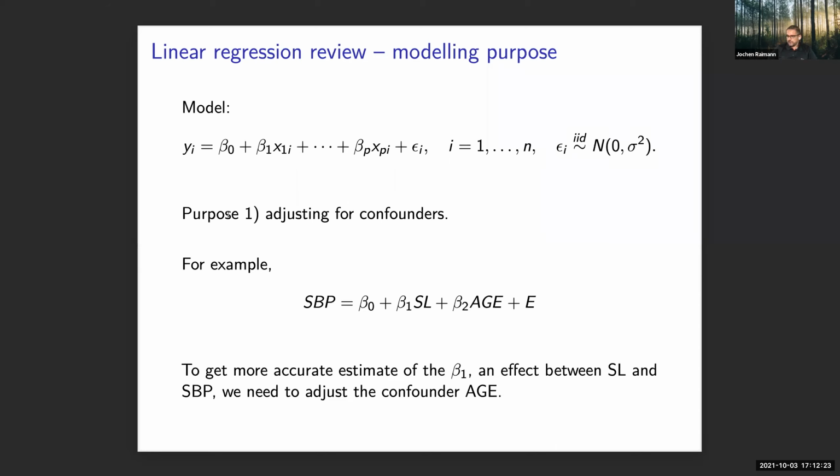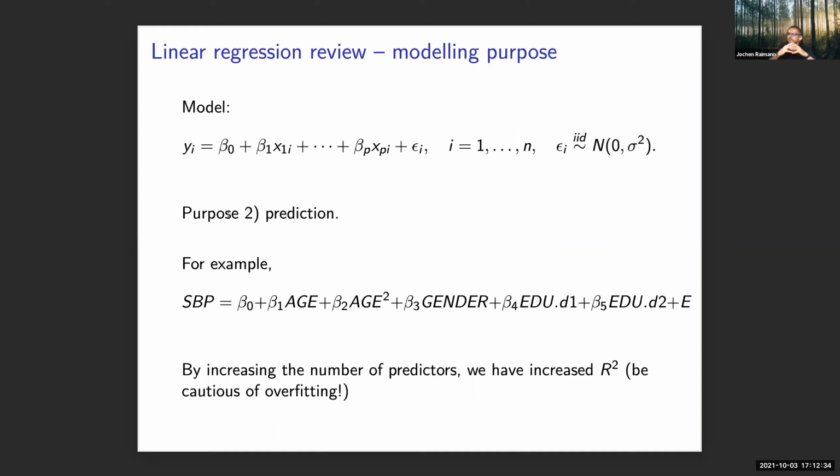To get a more accurate estimate of this beta 1, which constitutes the effect between serum glucose and SBP, we are adjusting additionally for the confounder age. So this is taking into account the confounder.